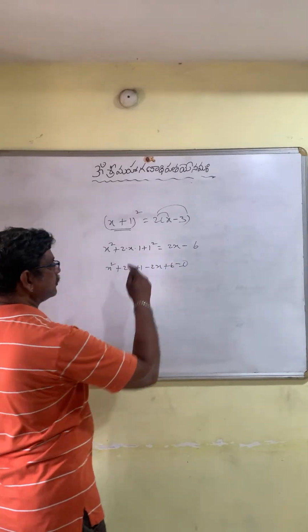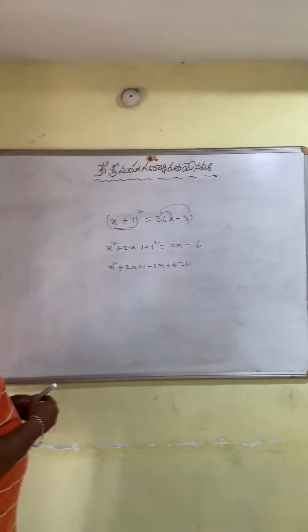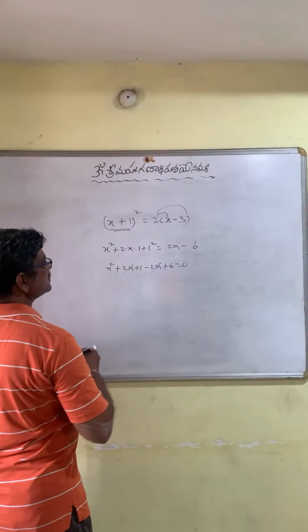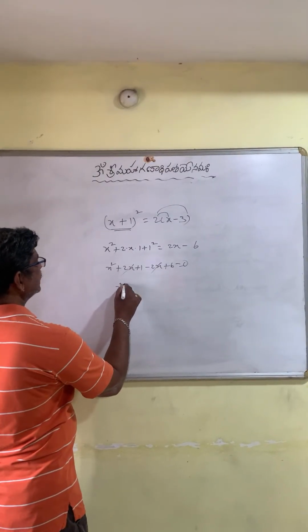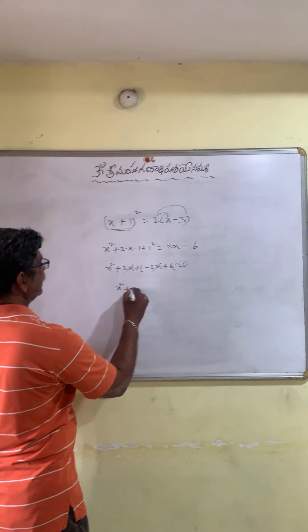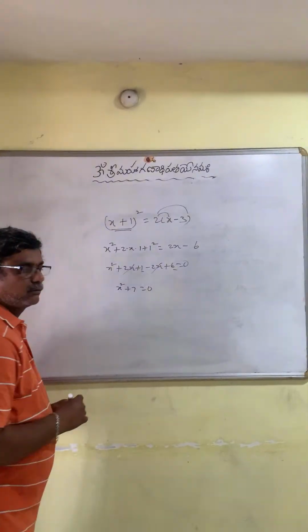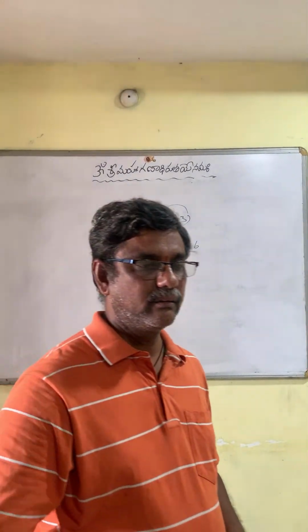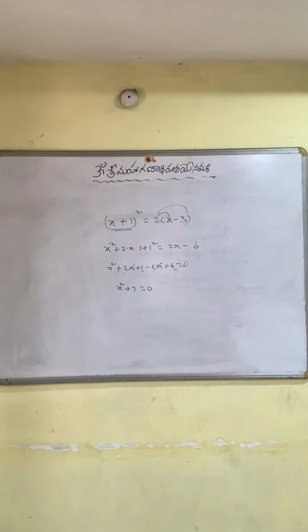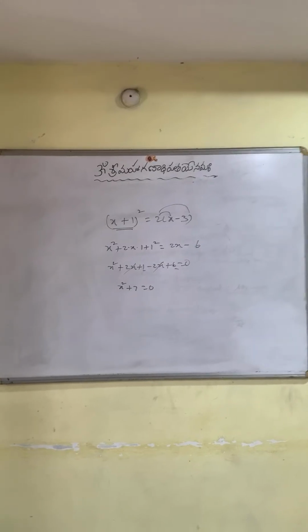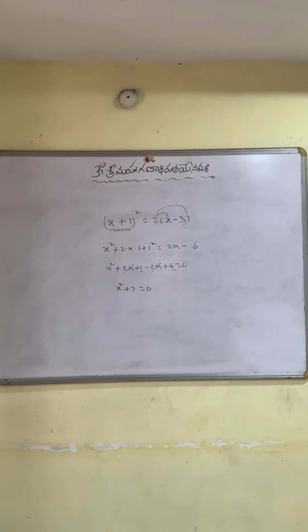Now simplifying, 2x and minus 2x get cancelled. x square plus 7 is equal to 0. Is it a quadratic equation or not? It's a quadratic equation.